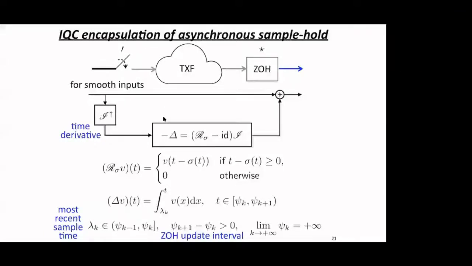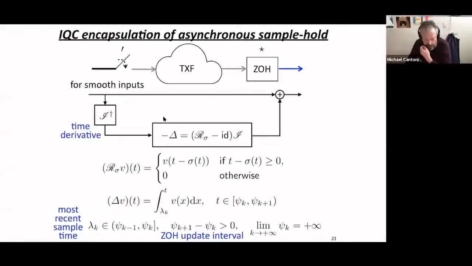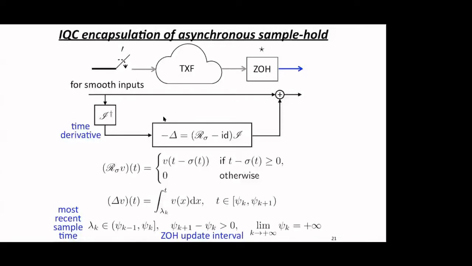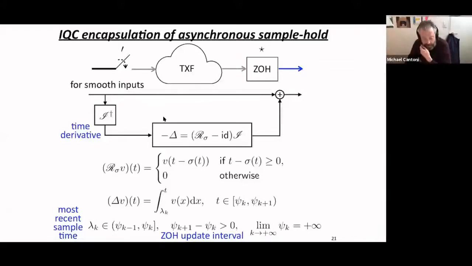Okay, let's have one last question. Farhad wanted to ask a question. Michael, now if we don't have any buffer and the packets get reordered, would it be possible to find an IQC for that, or it becomes hard because if you discard all the packets, the delay can become potentially infinite? So this allows packets to not make it to the other end.